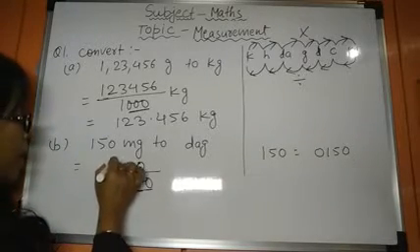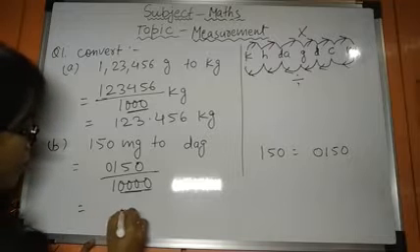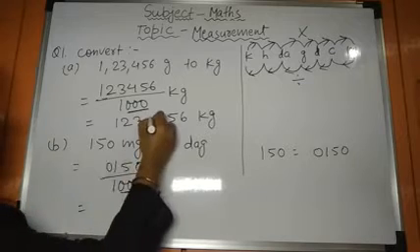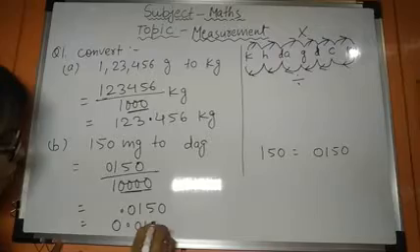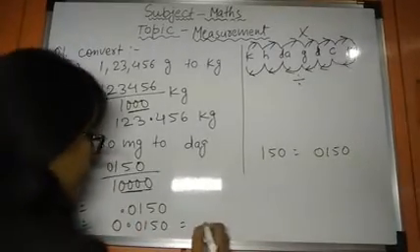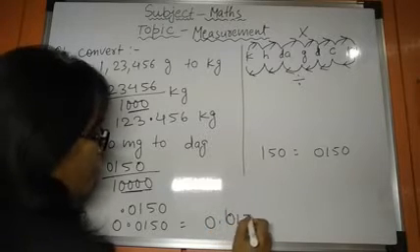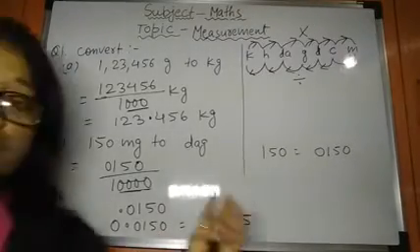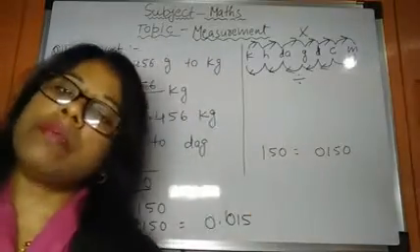So we will put the decimal here and write 0.0150. Both answers are correct. You can write it as 0.015 also. This is also correct because after the decimal, after the ending of all numbers, if 0 comes, then you can skip it.